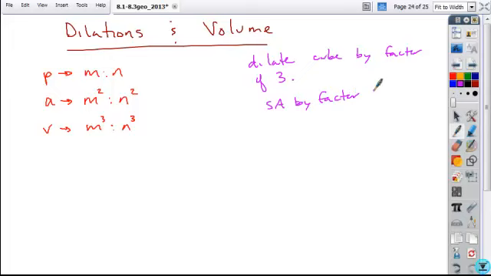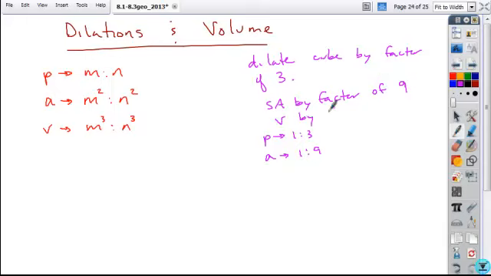Surface area is a 2-dimensional measurement, so if you think, the ratio of parts is 1 to 3 or 3 to 1. That means areas is going to be 1 to 9. So its surface area will change by a factor of 9, or 3 squared.